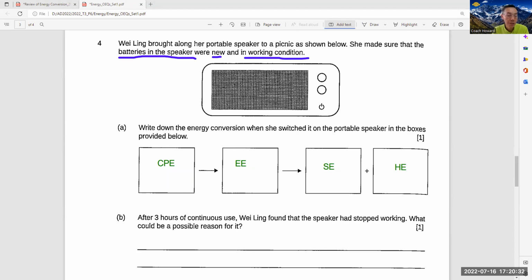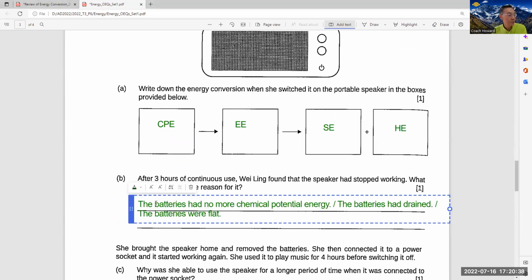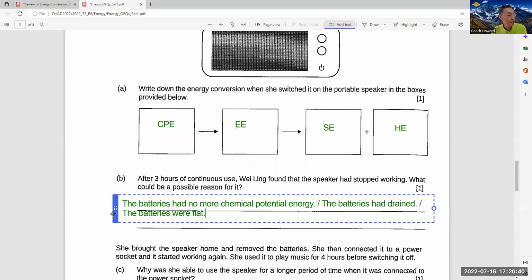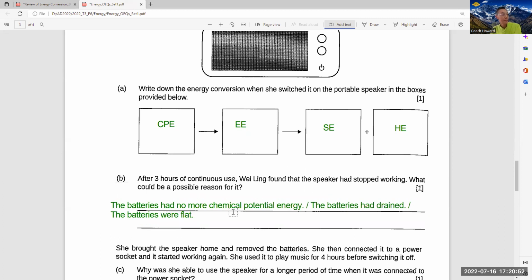Try to avoid using the words "the battery has no power." So you can use these possible answers. The battery had no more chemical potential energy is the best answer because it's related to the question. The batteries had drained. And the last one, the batteries were flat. So these are the answers.